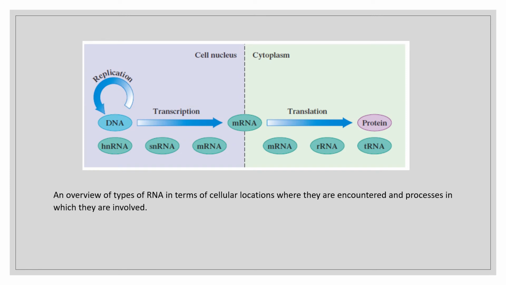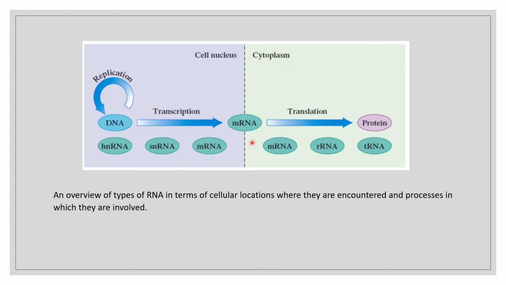This is an overview of the types of RNA in terms of cellular locations, where they are encountered, and the processes in which they are involved. This is the cell nucleus. This is the cytoplasm.